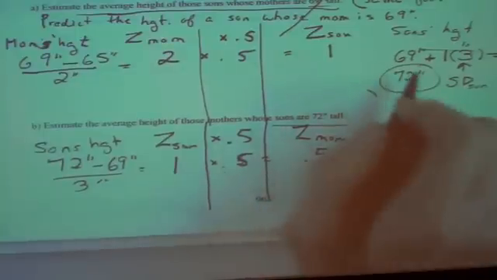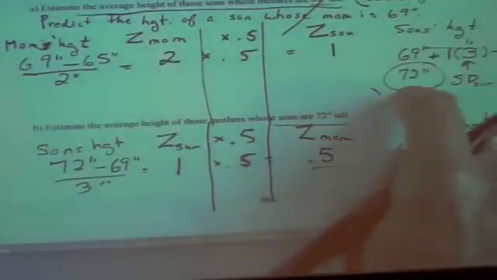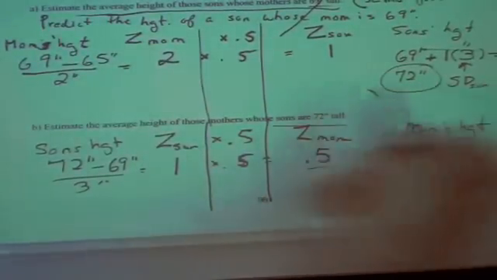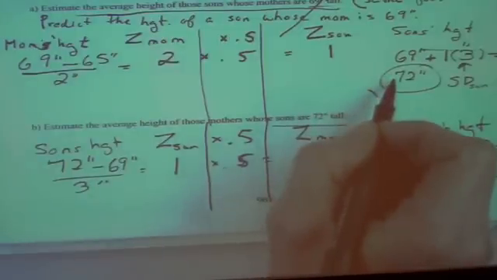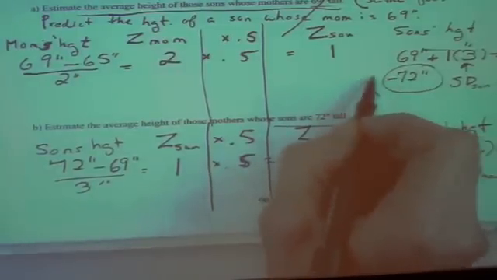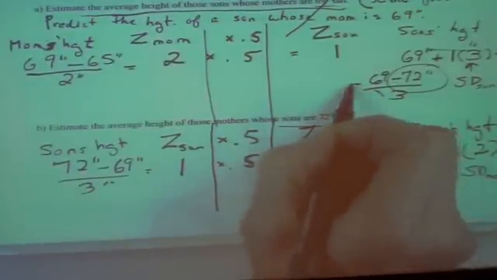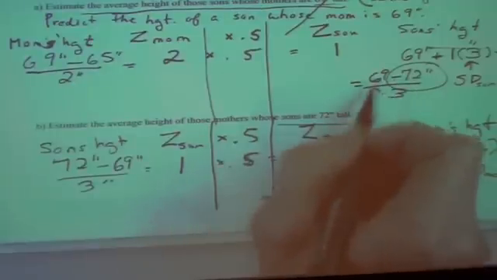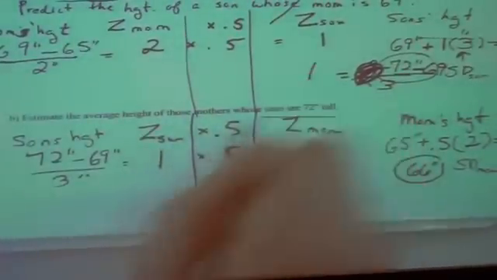Okay. So, let's do it. I just want to show you it doesn't matter if you read across this way. So what would we do? We'd say 72. Do you see how you would get 1? 72 minus 69 over 3. That looks so weird, it looks like -1, so don't do it that way. 72 minus 69 over 3, and you get 1.